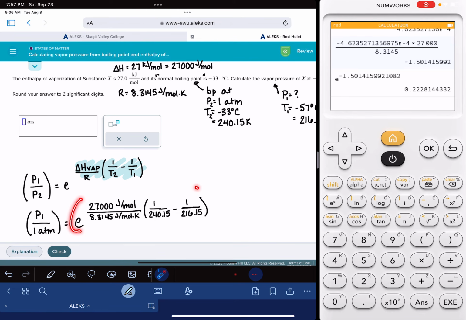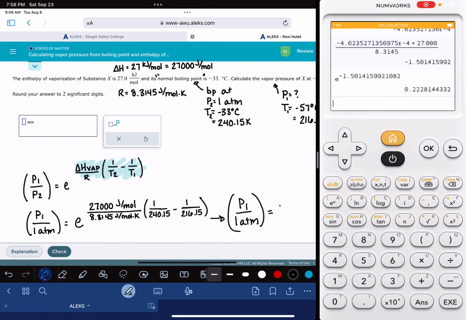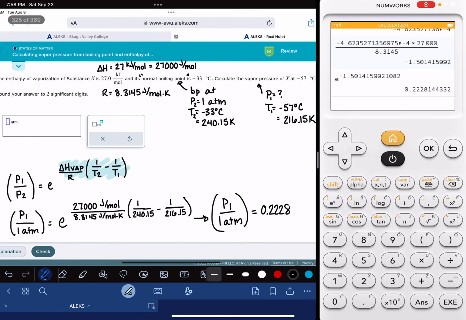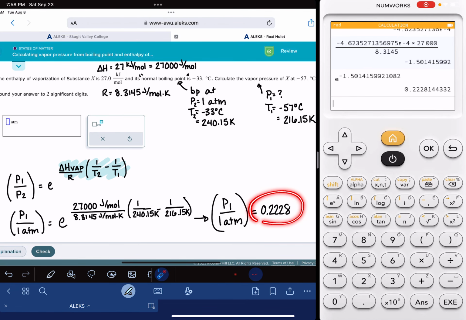And now that is this whole entire right-hand side of this equation. So I'm going to rewrite the whole thing. P1 over that pressure, 1 atmosphere, is equal to 0.2228. And I left my Kelvin units off my temperature. There's no units at all on this number right here.